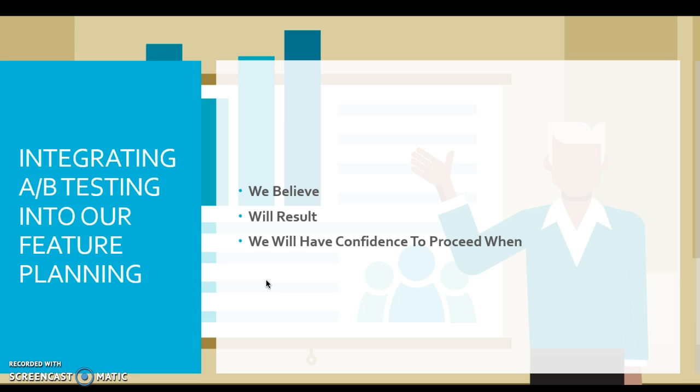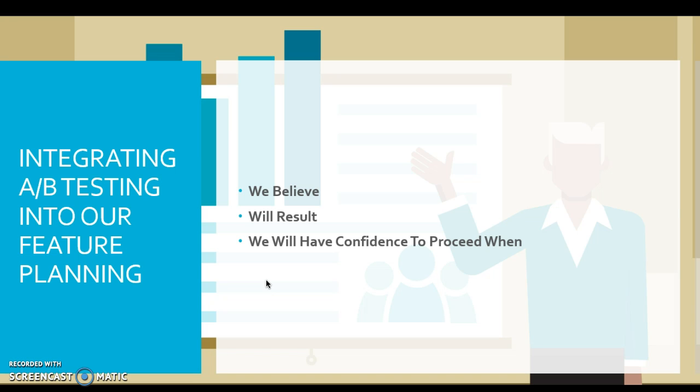So, integrating A/B testing into our feature planning. That's basically how it happens. We're going to have these three sentences to be completed. The first one is what we're going to do.